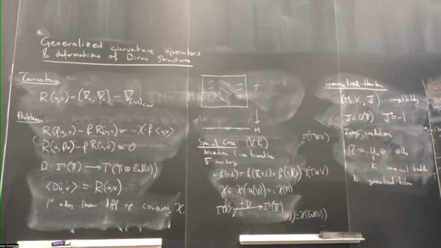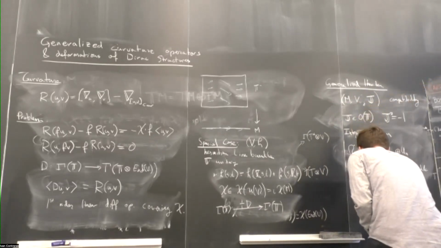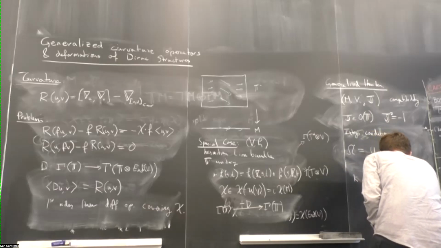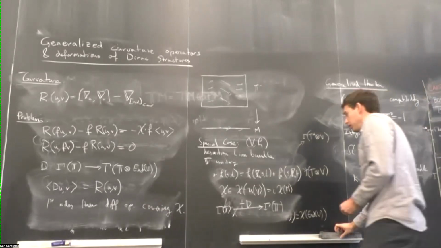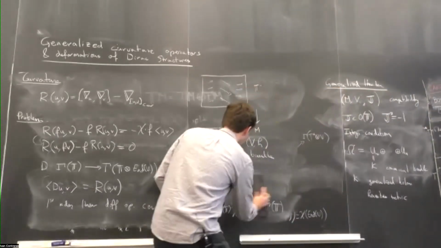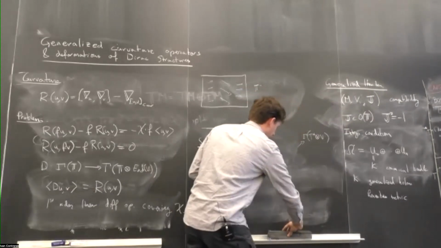We're used to this, and then you can restrict this thing to the canonical bundle, and you get a Hermitian metric on K. Okay, and together, this is enough to produce what we need.